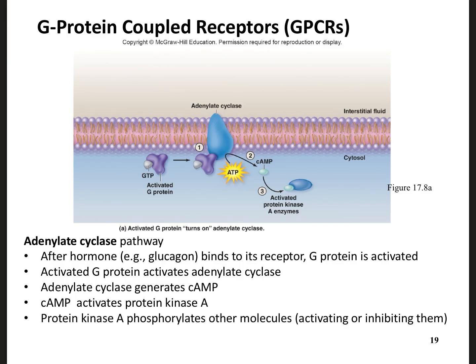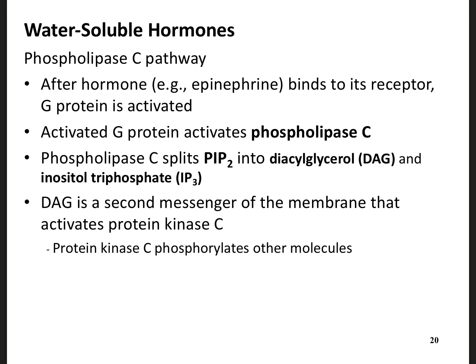A lipid-soluble hormone will diffuse across the membrane, bind to its intracellular receptor, and cause changes in cellular activity inside the cell. Okay? No need for a second messenger in a lipid-soluble hormone. Okay? So phospholipase C splits PIP2 into diacylglycerol and inositol triphosphate. All of those have been shown to function as second messengers. Okay?